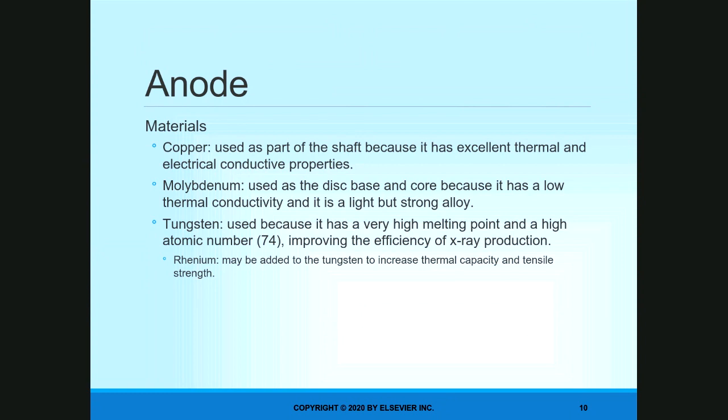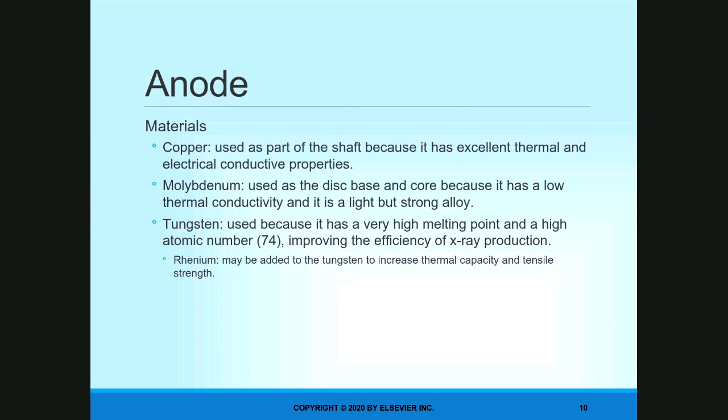So we have copper, molybdenum, and then we have tungsten because it has a very high melting point. Okay, the melting point of tungsten is 3,400 degrees Celsius, 6,152 degrees Fahrenheit. So extremely high melting point. But it also has a high atomic number, which is number 74, which makes it really good for X-ray production.